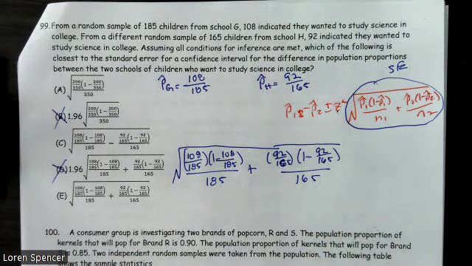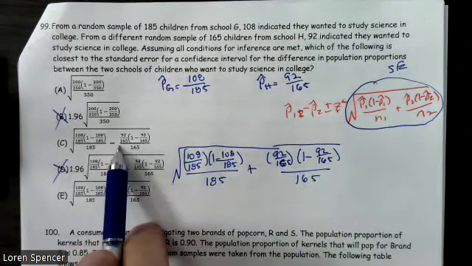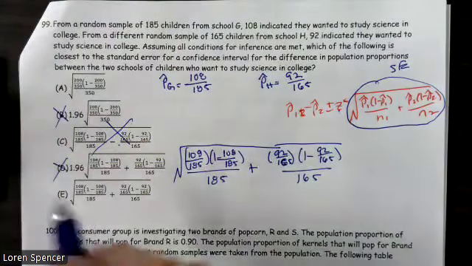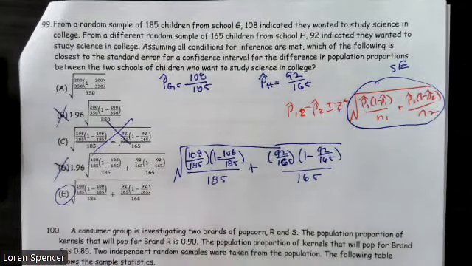All right. So really close, designed to mess you up. It has a subtraction sign. We never subtract standard deviations. We only add them. So 99 is E.